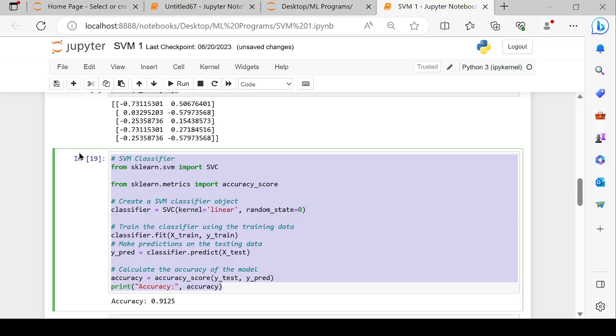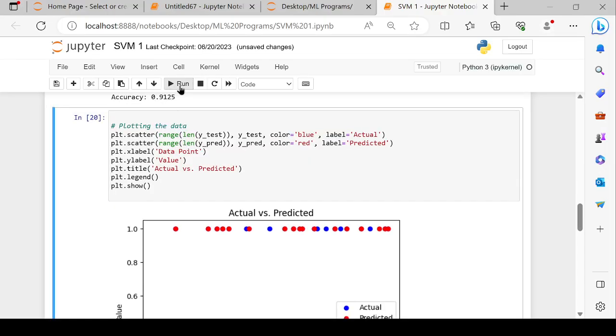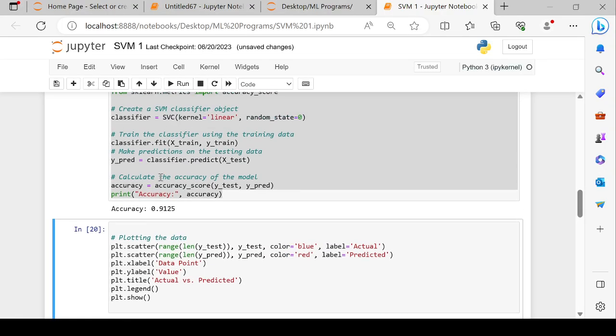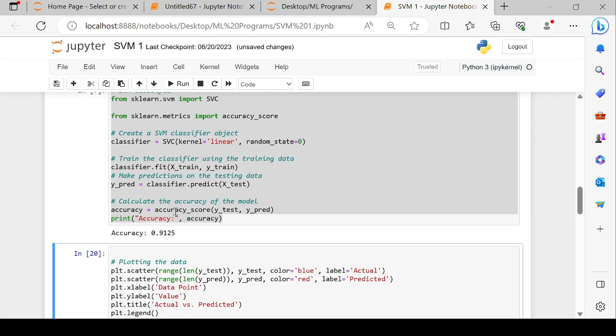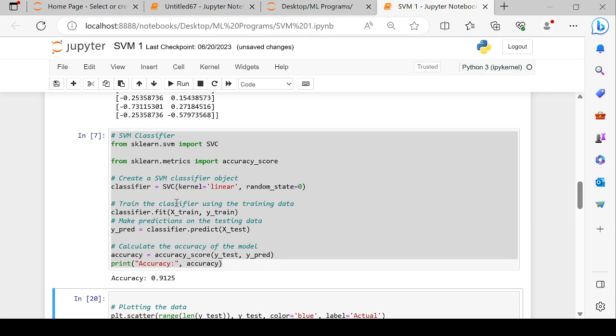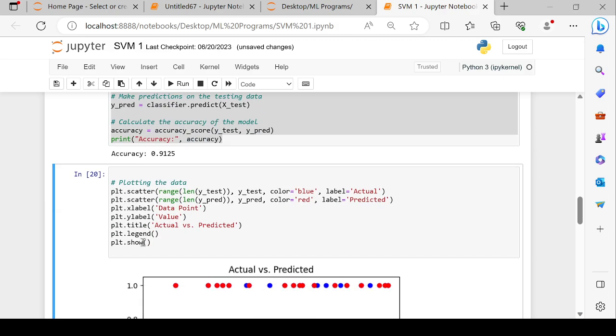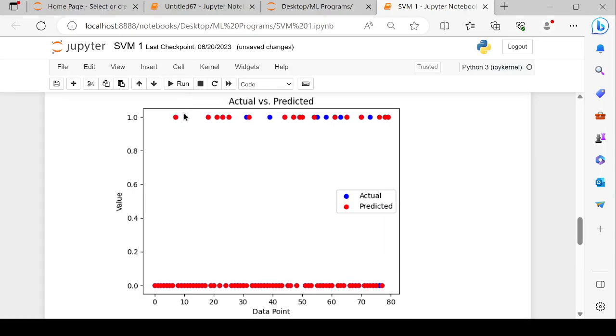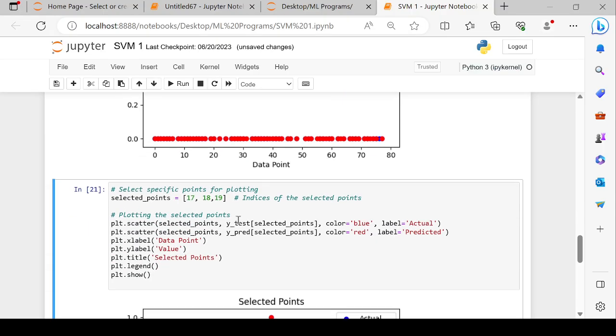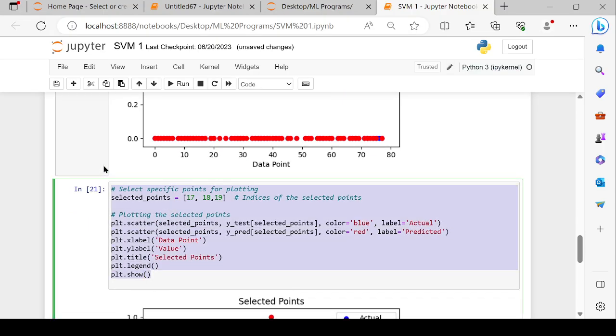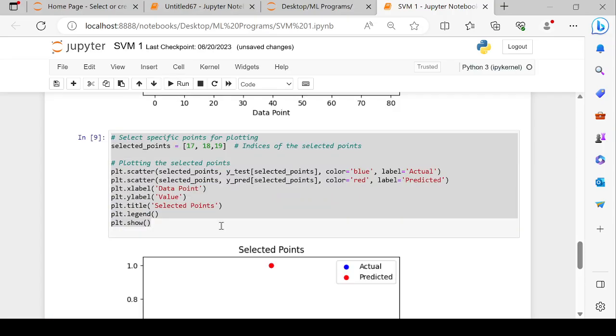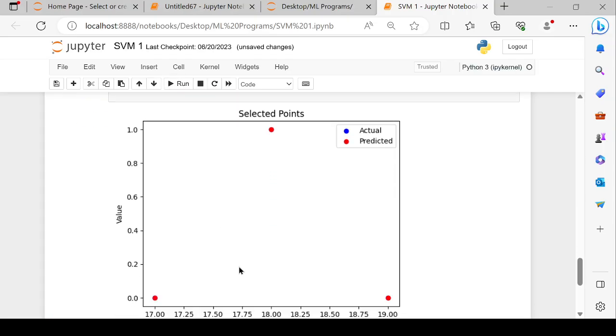So let us do this. Yeah, got it. The accuracy is 0.9125, and it has done the classification of two classes: those who will buy the car and those who will not. You can also plot it. Of course, since there are many points, you can't make out anything, so I will plot a few points, actual versus predicted.